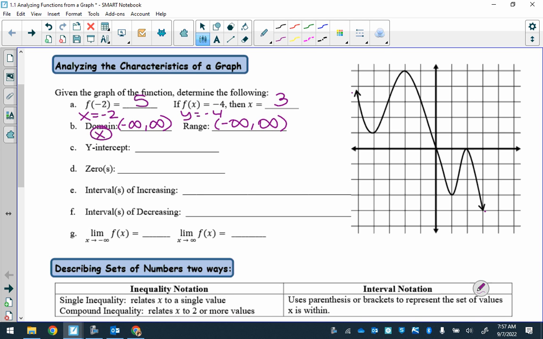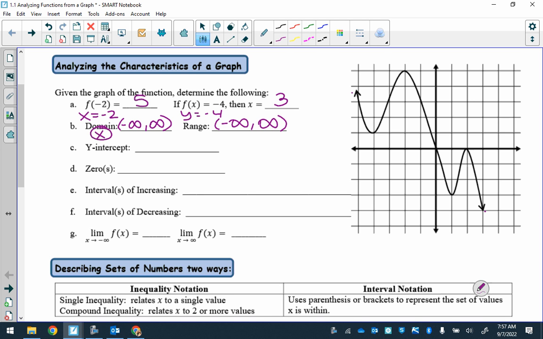And here's an extension. Would this be an odd or even function? Yeah. Odd, right? Because it kind of resembles a what? What is that called? You're right.